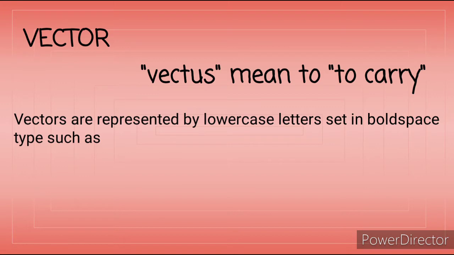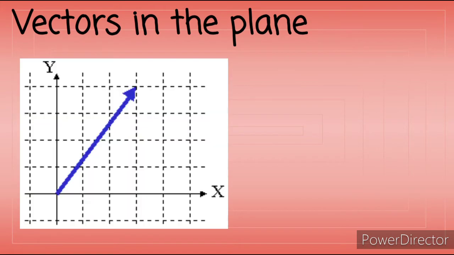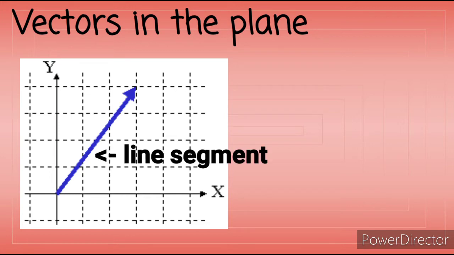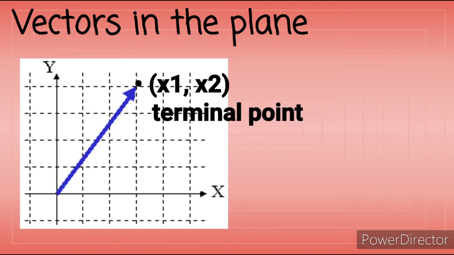Vectors are represented by lowercase letters set in boldface type, such as u, v, w, and x. Vectors in the plane: a vector in the plane is represented geometrically by a directed line segment whose initial point is the origin and whose terminal point is the point (x1, x2), as shown in the figure.